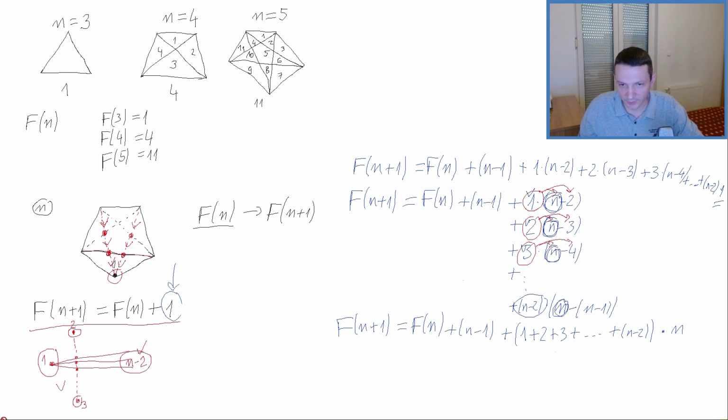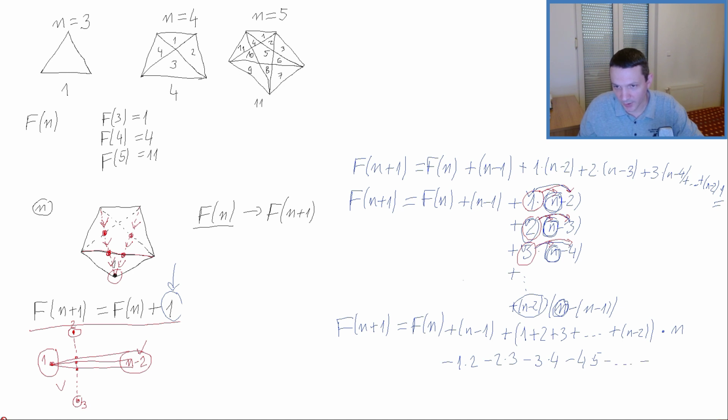And what is the rest is this: 1 times minus 2 is actually minus 1 times 2. Then 2 times minus 3 is actually minus 2 times 3. Then I have minus 3 times 4 obtained here, then minus 4 times 5, and so on.